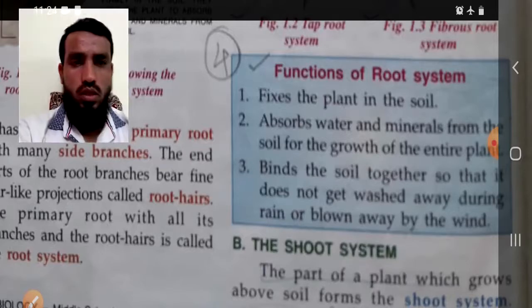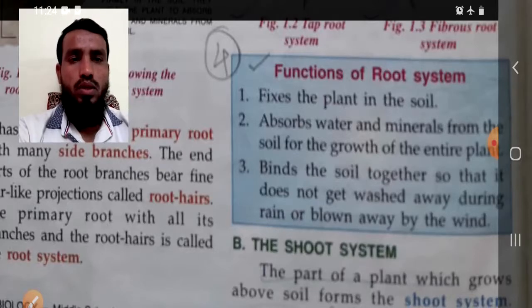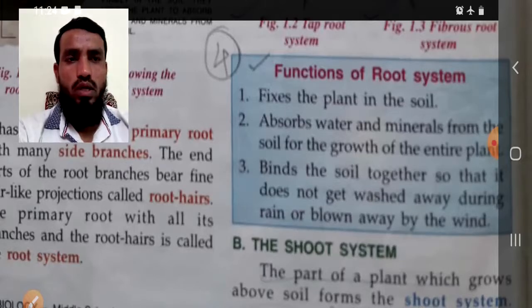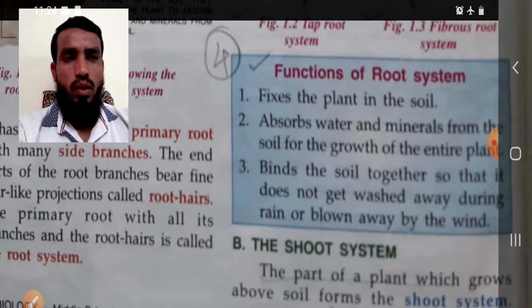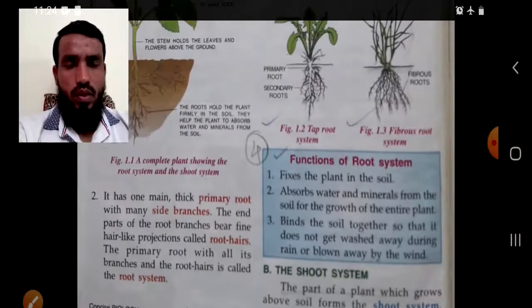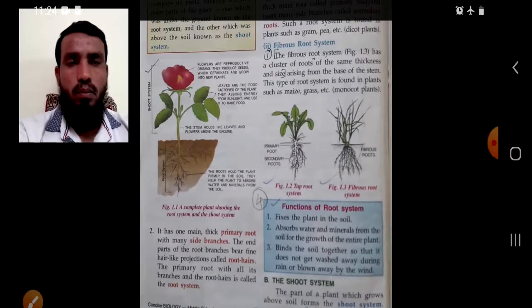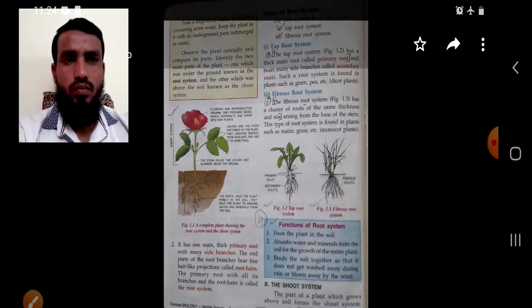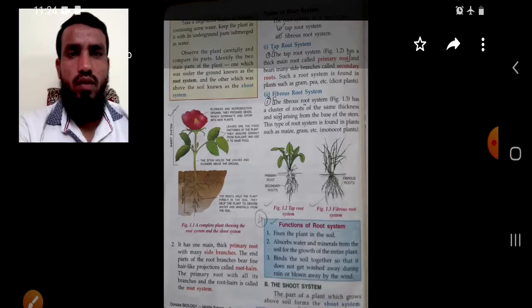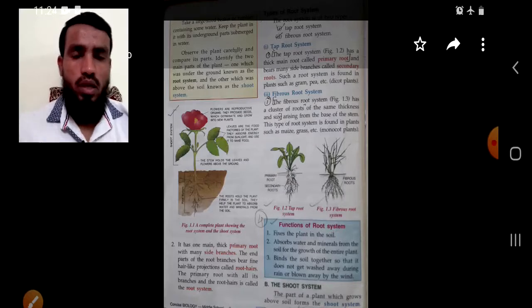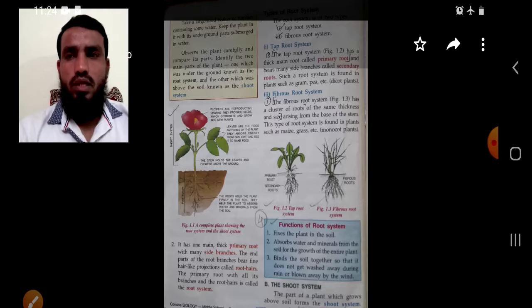So what is the shoot system? Actually the part of the plant which grows above the soil forms the shoot system. Whatever part is present above the soil, that is the stem or leaves or different kinds of flowers, everything present above the soil comes under the shoot system, and we will see that in detail on the next page.